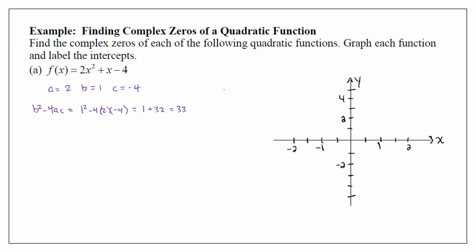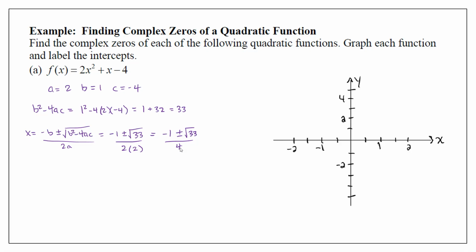So when I substitute that into my quadratic formula, x equals negative b plus or minus the square root of b squared minus 4ac all over 2a, I now have negative b, which is negative 1, plus or minus the square root of 33 divided by 2 times 2. And I can simplify this a little more. So I'll have negative 1 plus or minus the square root of 33 divided by 4.